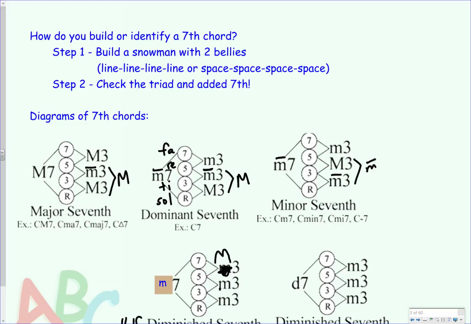So let's recap on the 3 types of 7th chords we've already studied more in depth. The first up is the major 7th chord. In the major 7th chord, we have a major triad plus a major 7th. In the dominant 7th chord, we have a major triad plus a minor 7th.